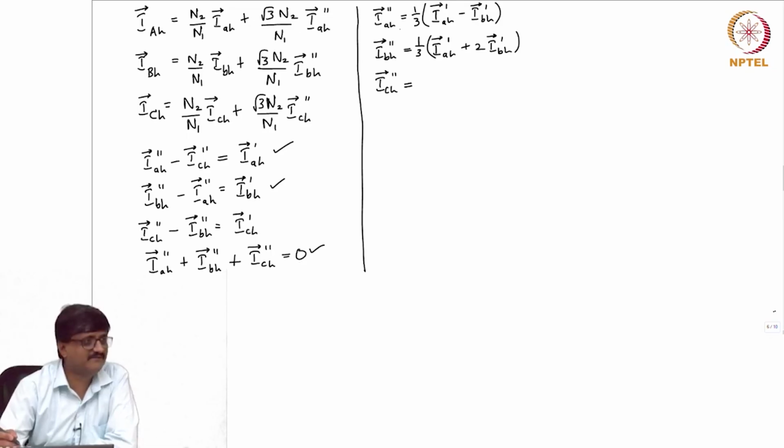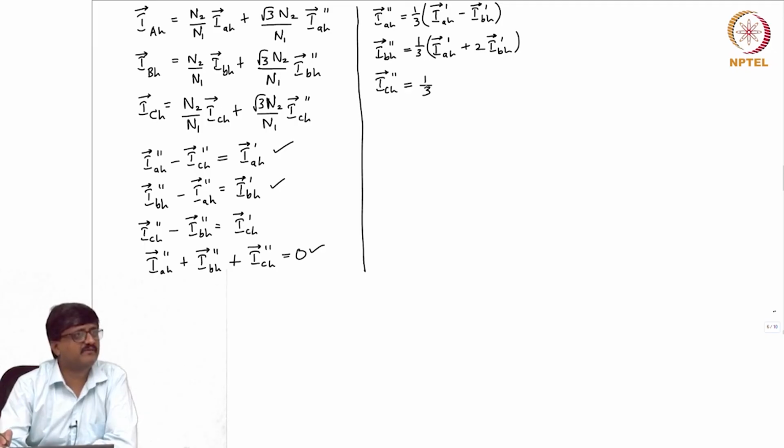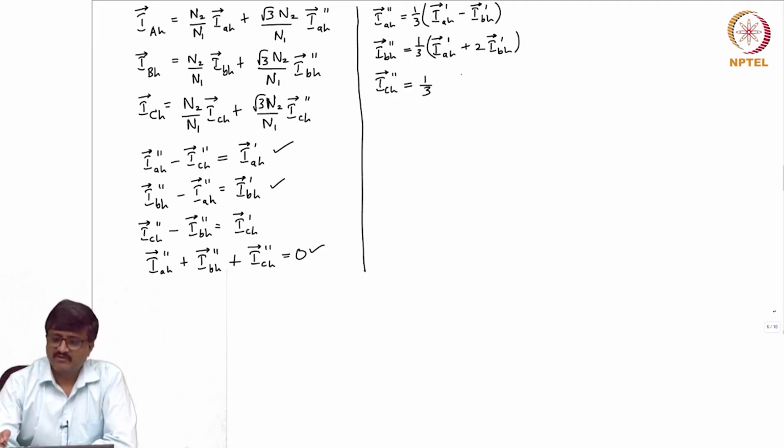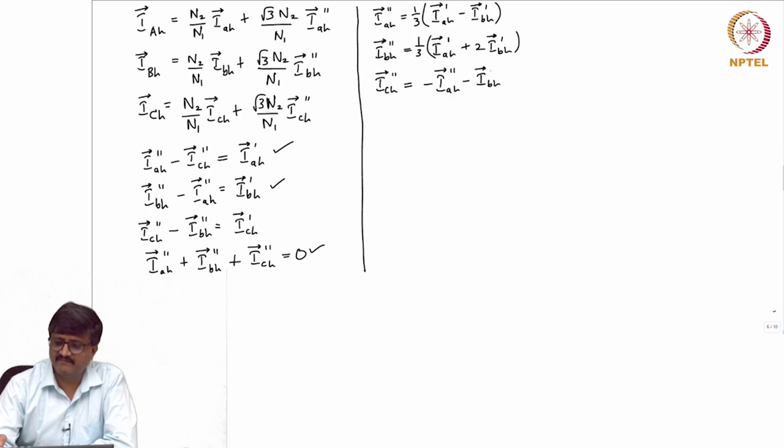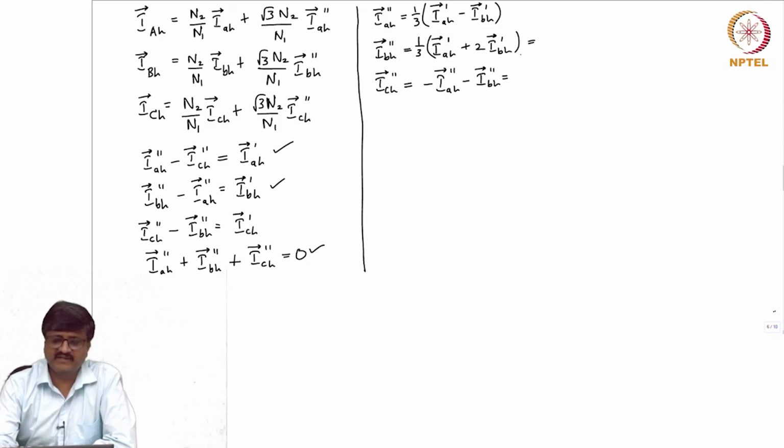Once you know the 2 double prime quantities, it is equal to minus IAH double prime minus IBH double prime. Now there is one more thing here. If you look at IBH double prime, can I say that this is equal to 1 by 3 IBH prime minus ICH prime?